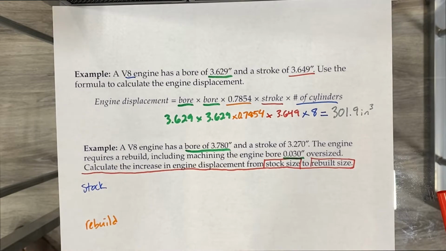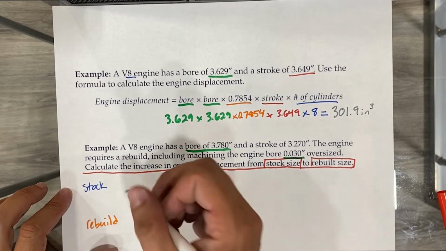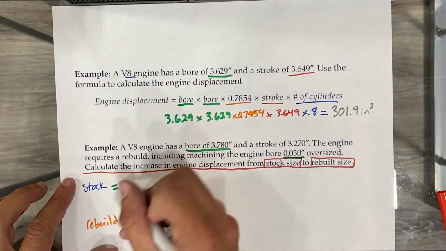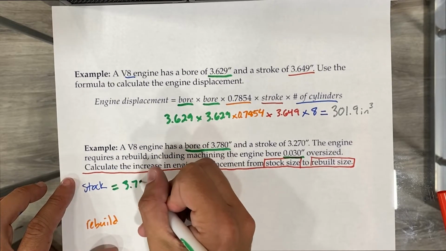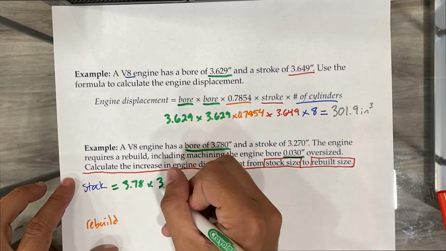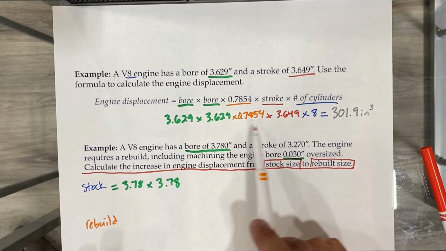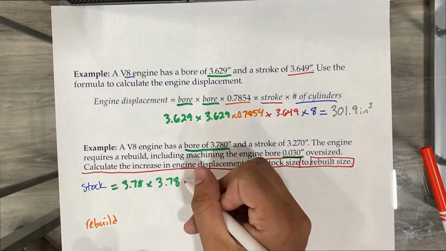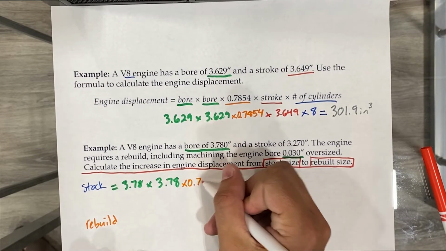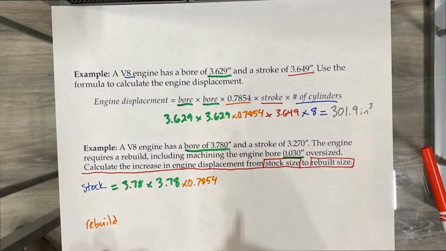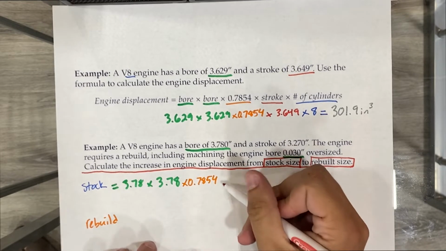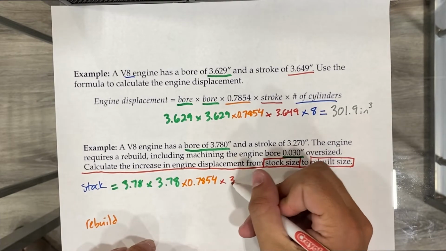So first, we remember that our formula is going to be bore times bore. So for this, it's going to be 3.78 times 3.78. Then we're going to multiply by our pi divided by 4, the same value, so that's times 0.7854. And then we're going to put in our stroke, times 3.27.